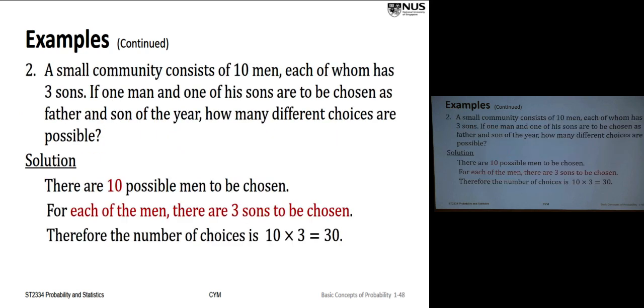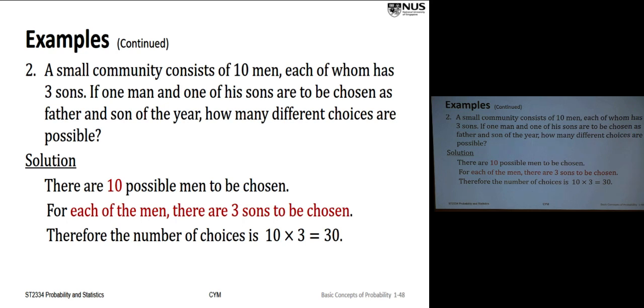Okay, here's another example. In a very small community, there are 10 men, and each of these men has 3 sons. Now we want to choose 1 man and one of his sons. So how many different choices do we have?